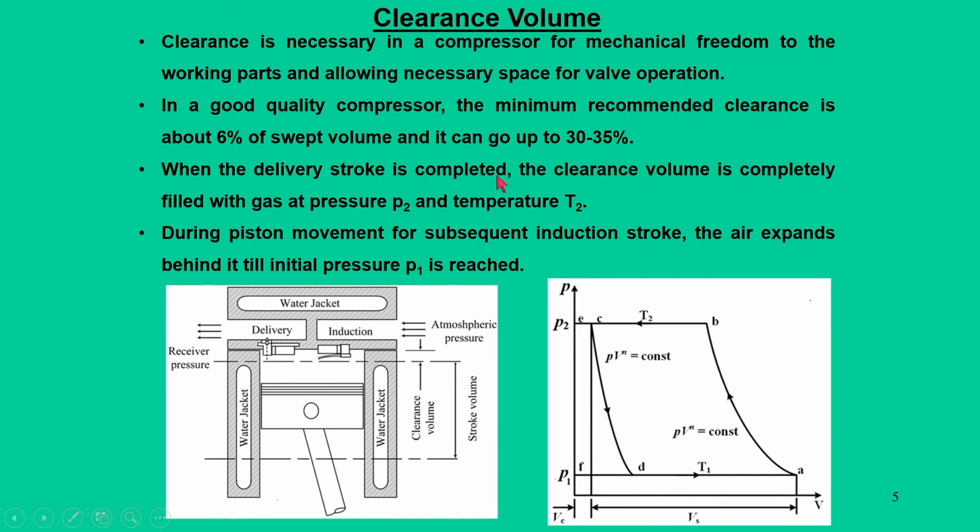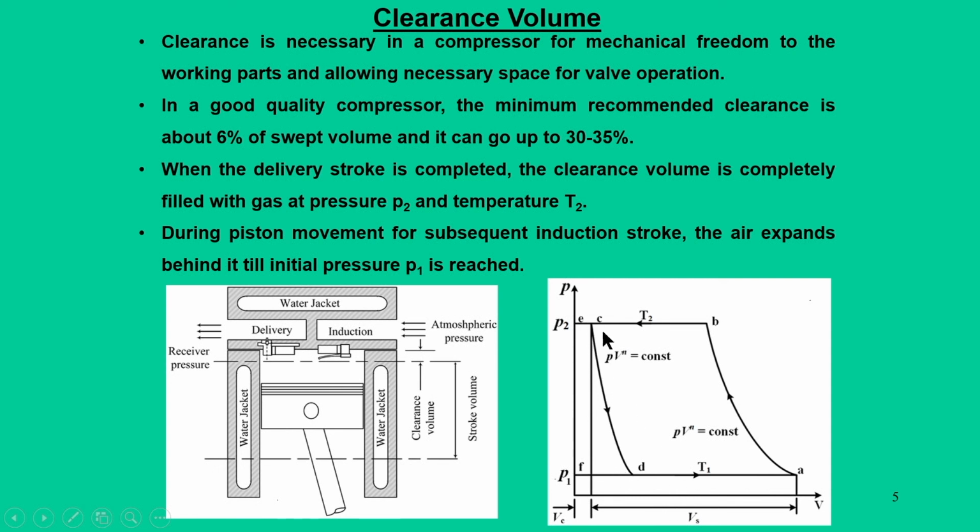But when the delivery stroke is completed, the clearance volume is completely filled with the gas at P2 and T2, and during the subsequent piston motion in the induction stroke, the gas expands behind it till the final pressure is reached. What it means is that after the compression process that starts from A and goes up to B, there is delivery of air that goes out, but side by side some gas is left within this clearance volume, and during the piston's backward movement these gases try to expand.